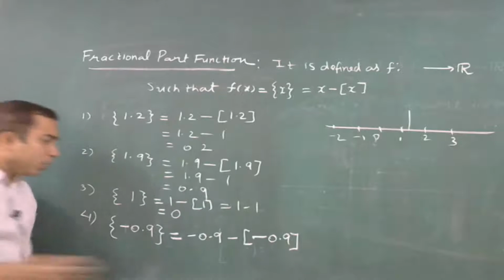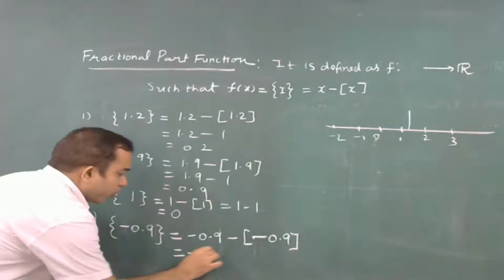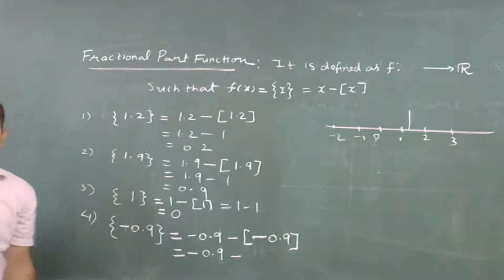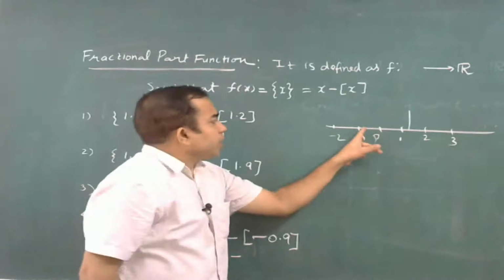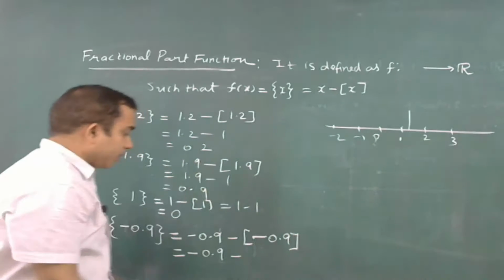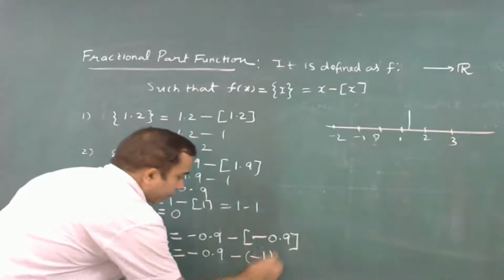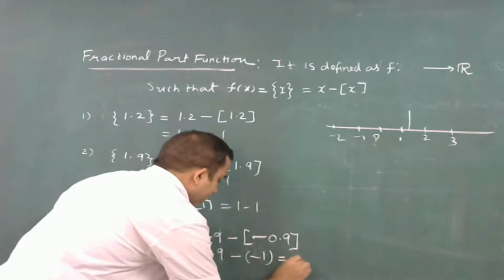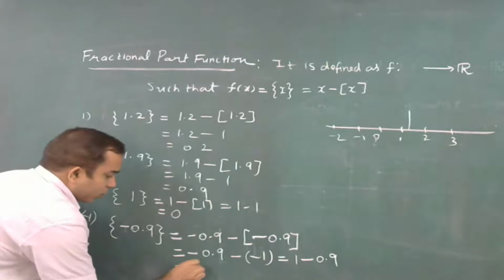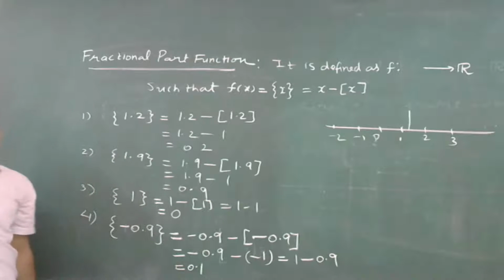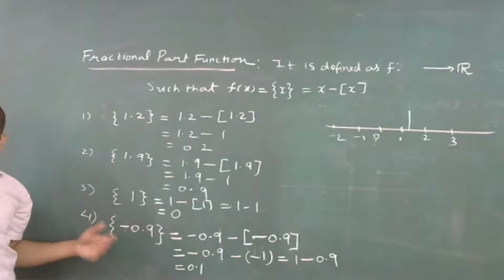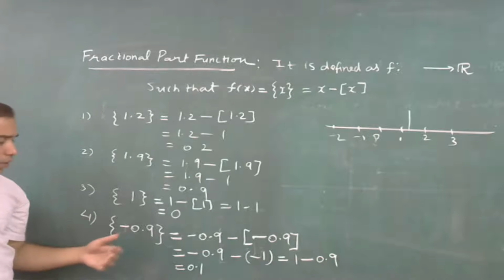And this will become equal to minus 0.9 minus ये greatest integer of minus 0.9 कितना होगा, ये रहा minus 0.9, और इसके लेफ्ट में greatest integer है -1, तो ये वैल्यू हो जाएगी -1. तो -1, and this if you simplify it will be 1 minus 0.9 finally, which is 0.1. 0.1, right. So the fractional part of minus 0.9 is 0.1.